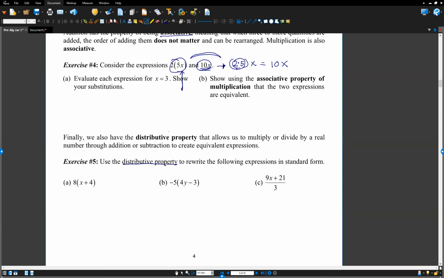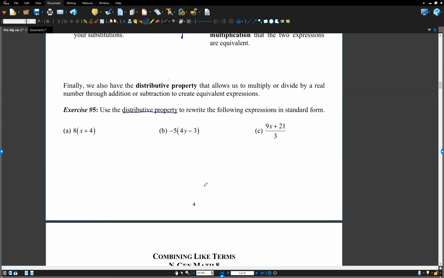How can you simplify? 8 times x plus 8 times 4. That is the distributive property. So 8 times x is just 8x, and 8 times 4, multiplying these two numbers, is 32. We just distribute it.